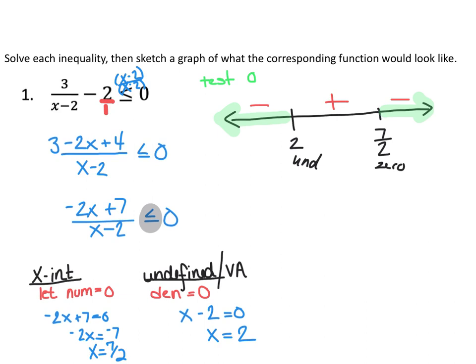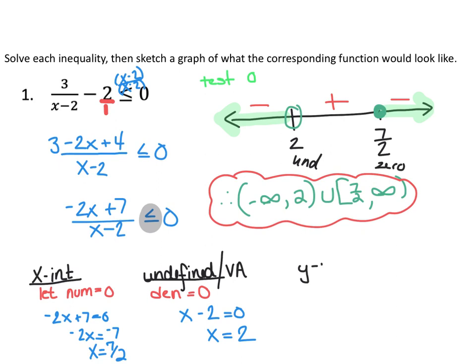At a 0, of course, it would be equal to 0. At an undefined value, it's never ever going to touch that. So my solution here, I'm going to write in interval notation. Therefore, this function would be less than or equal to 0 from negative infinity to 2, union, 7/2 is equal to 0, so I'm going to use a bracket, to positive infinity.